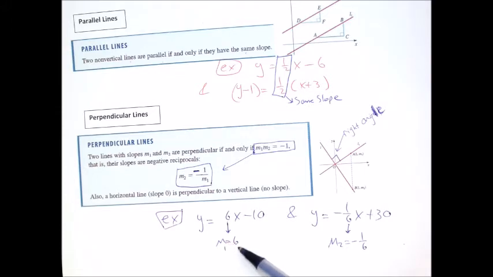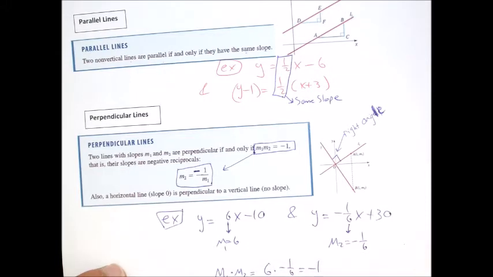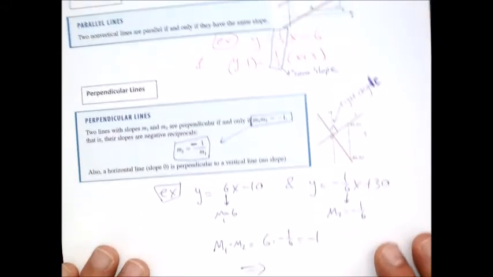When you flip 6 over, it becomes 1/6, and when you flip 1/6 over, it becomes 6. Those two are reciprocals of each other, and negative reciprocals because one's negative and one's positive. So m1 times m2, when we multiply those two slopes together, we get -1, and that means these two lines are perpendicular.